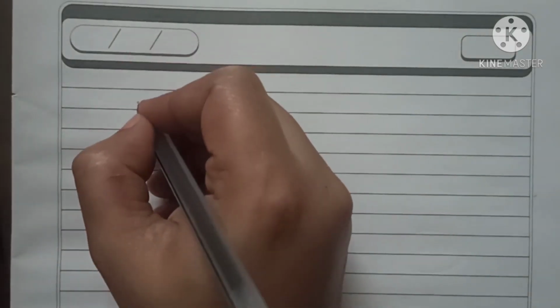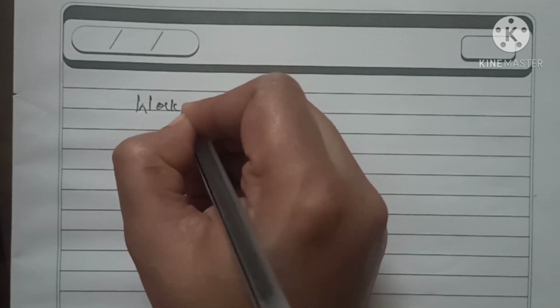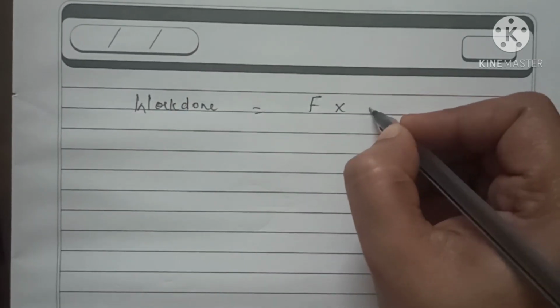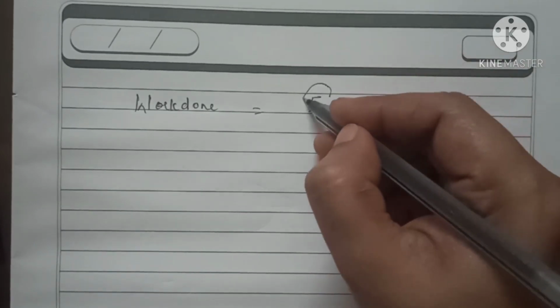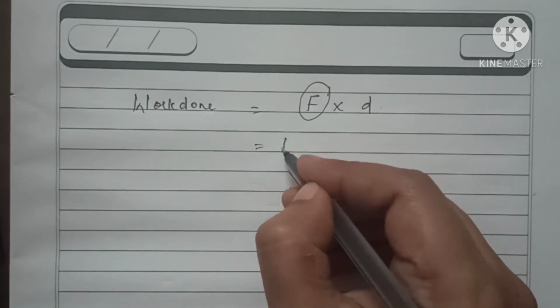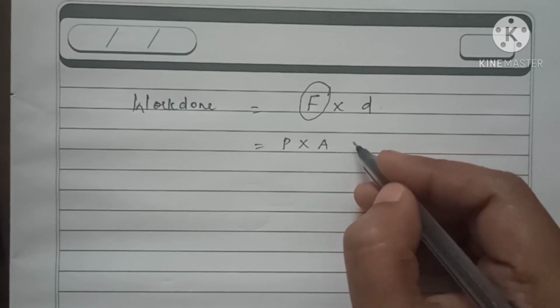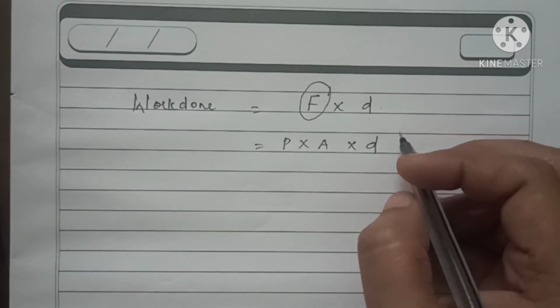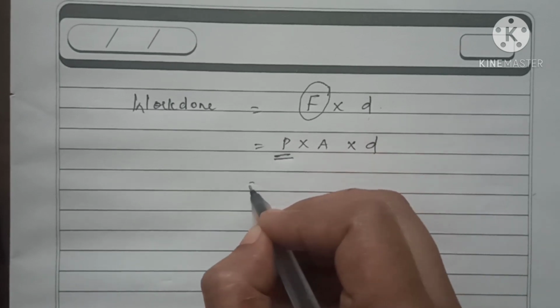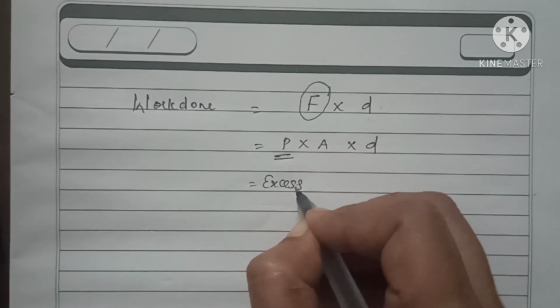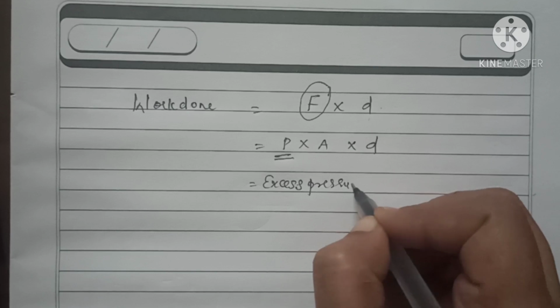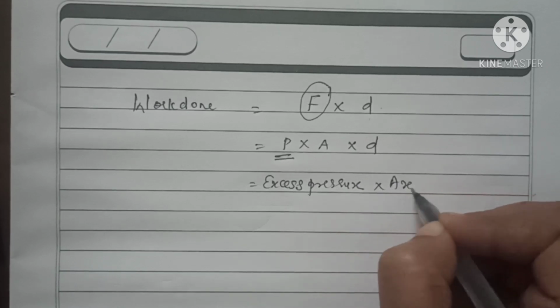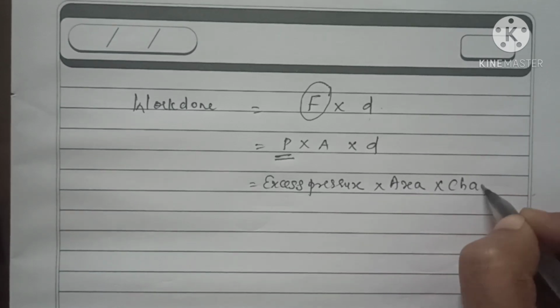Okay. Now work done can also be expressed as, you have studied in your smaller classes, work done equal to force into displacement, isn't it? Now force in terms of pressure is P into area, into the change in displacement. So here it will be the excess pressure into area into change in radius.